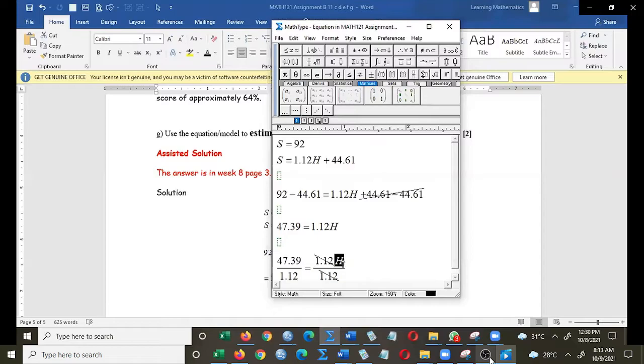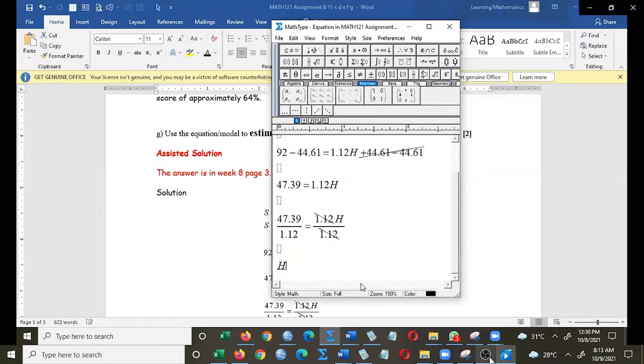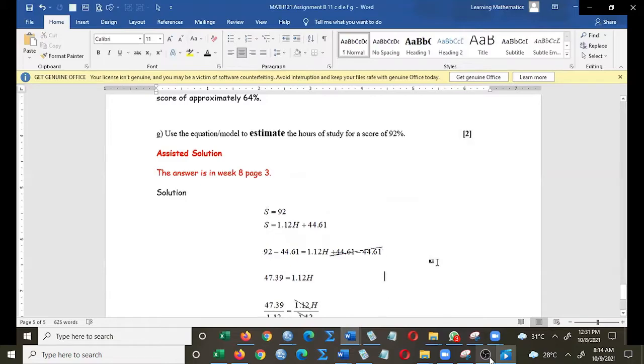A student asked, how long must they study to get about a 92? So according to this equation, how long must that student study for? 42.31. 42 point what? 31. 42.31. So look at what I'm going to do.